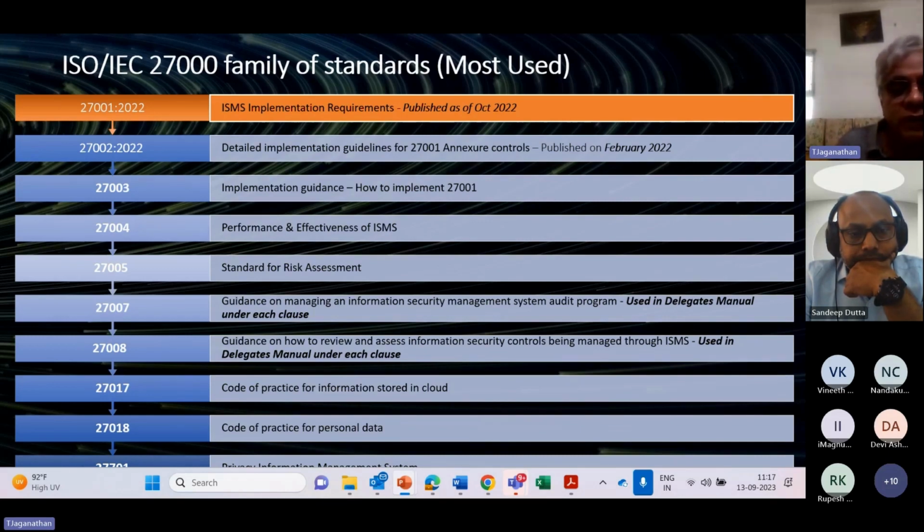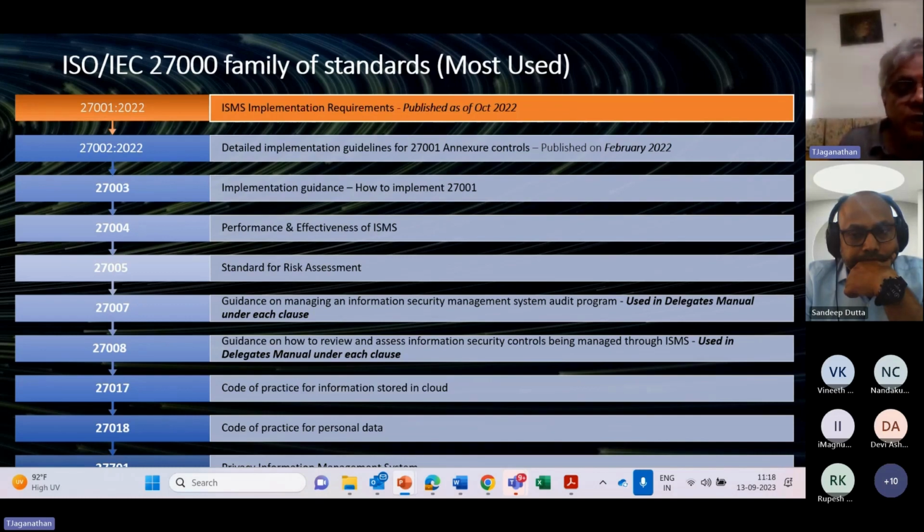This is a code of practice for information stored in the cloud. If you are storing your sensitive data, privacy data in the cloud, then 27017 has certain additional controls which can be added to 27001. It is an add-on, like an additional practice.